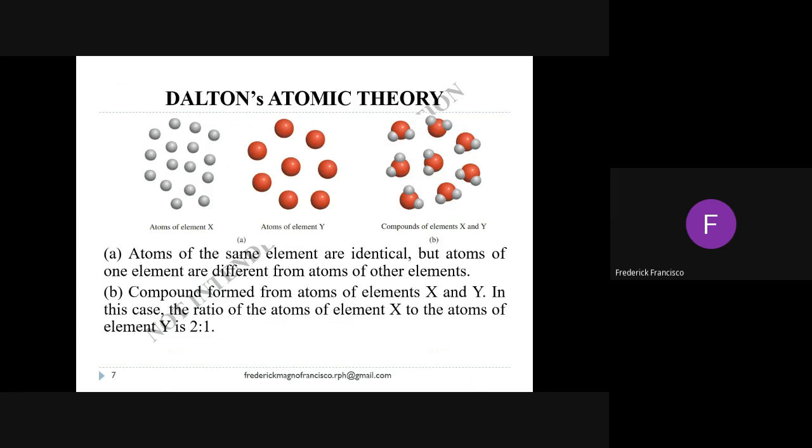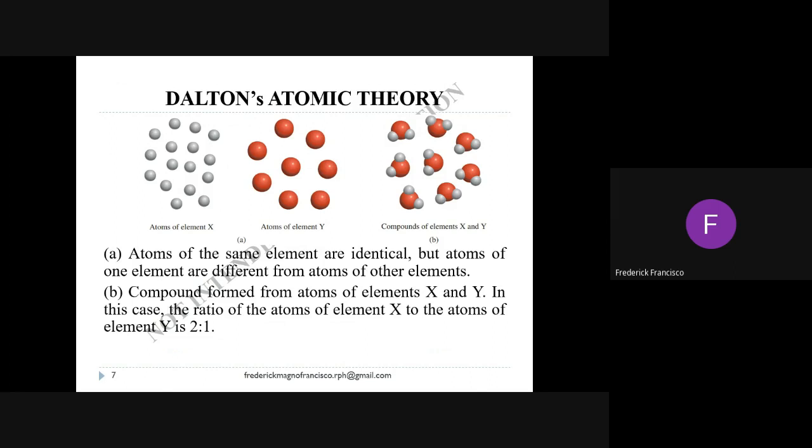This idea is an extension of Proust's law of definite proportions, which states that different samples of the same compound always contain its constituent elements in the same proportion by mass.